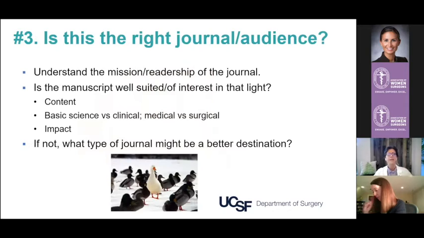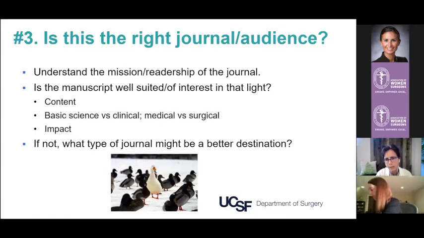Number 3, is this the right journal and the right audience to read the submission? So that really requires that you understand the mission and the readership of the journal. In the end, is the manuscript well suited, well targeted in that light? And that could be its content, the kind of study it is, so basic science versus clinical, and also the impact.